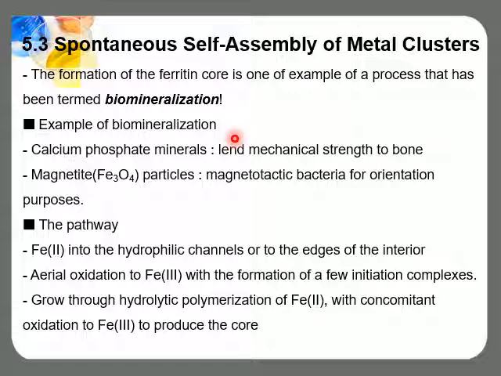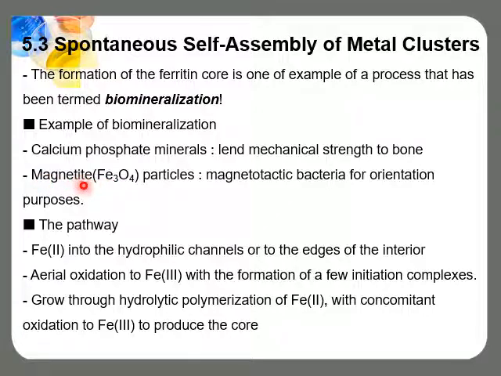Also, the egg shells, which are also a kind of calcium carbonate, calcite, are formed by biomineralization. Our bones and teeth are minerals made of hydroxyapatite, apatite chemicals, and the formation of bones and teeth is also biomineralization.